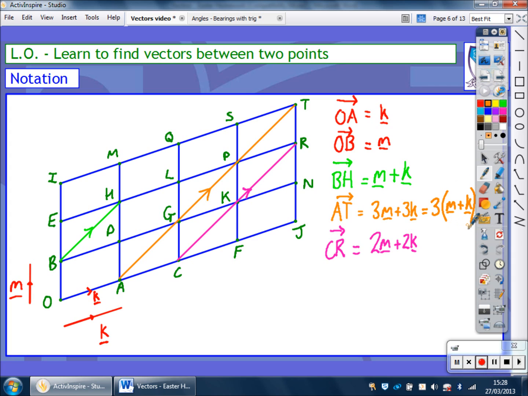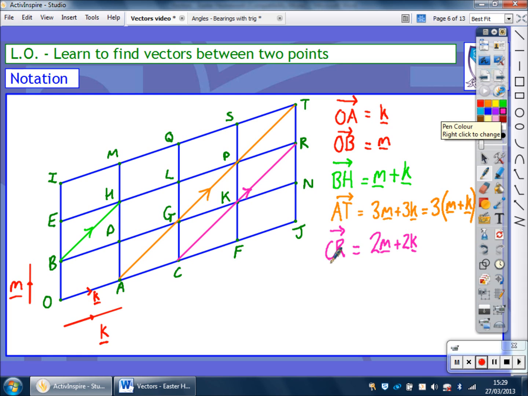Now if it's 3 times vector B to H, that means it's going in exactly the same direction, but it's just 3 times as big, 3 times as long. Okay? But it still means it's going in the same direction. And if 2 lines are going in the same direction, they have to be parallel.